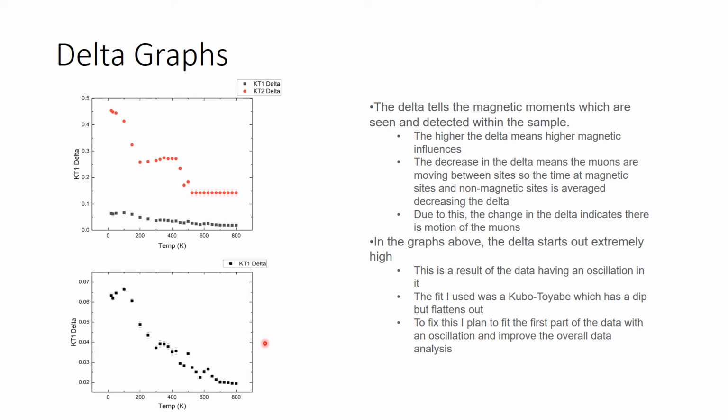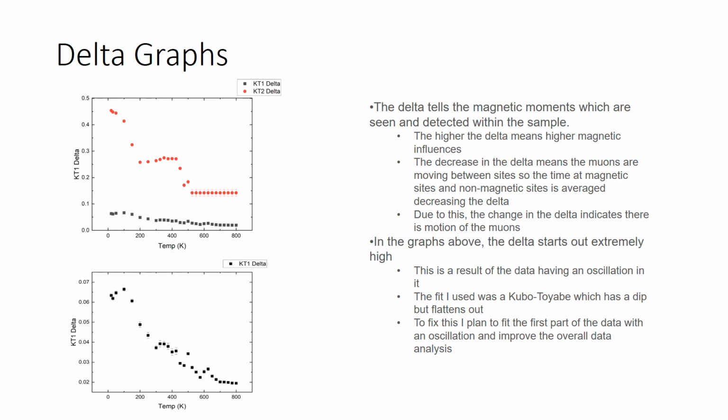Whereas a Kubo-Toyabe, the fit which I used, doesn't oscillate. It has an initial dip, and then it flattens out. Whereas the data itself seemed to almost have a damped oscillation, where it got smaller like this.